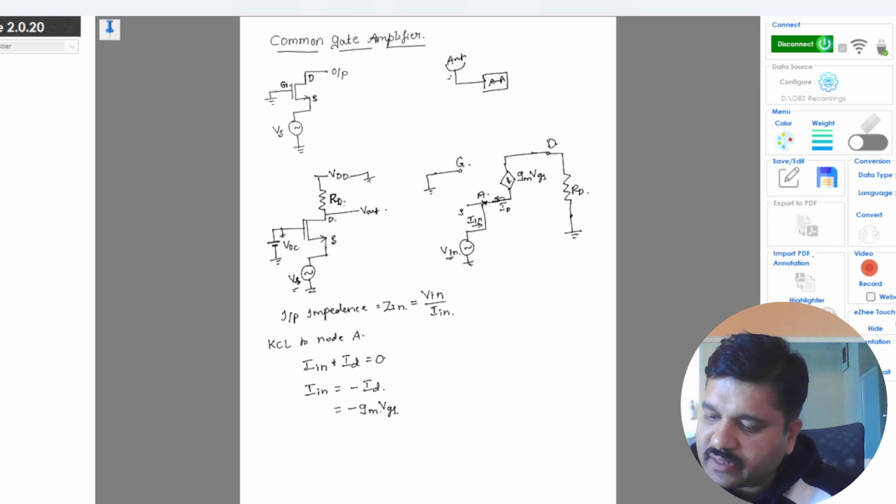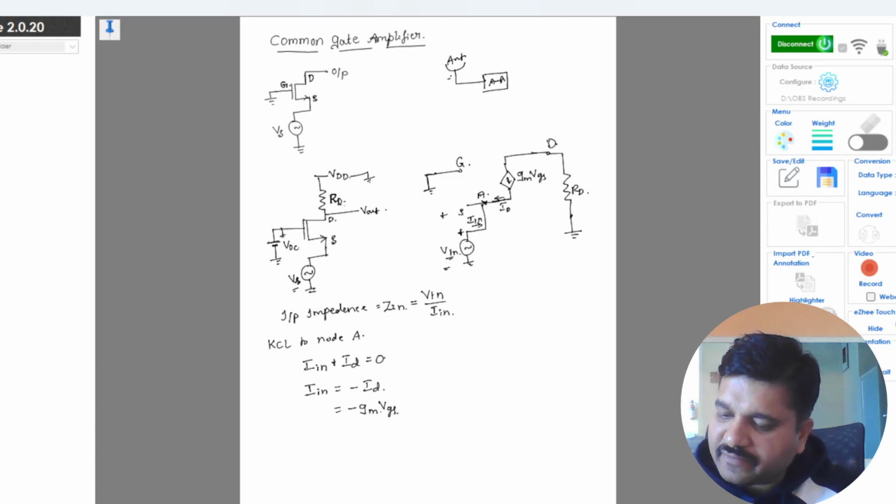So here we can see that the source terminal is connected to the positive terminal of the input voltage, and the gate terminal is connected to the ground. So V in is from source to reference, and similarly the gate is also connected to the ground.